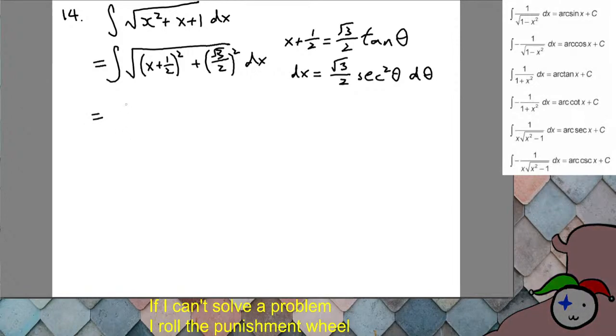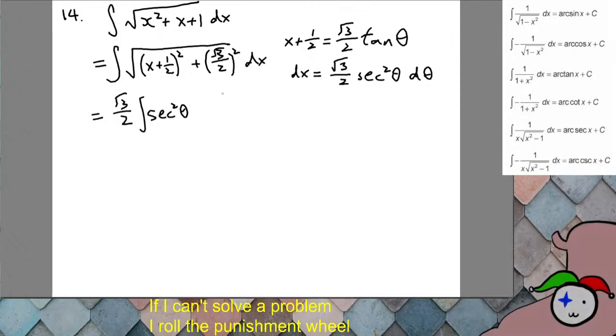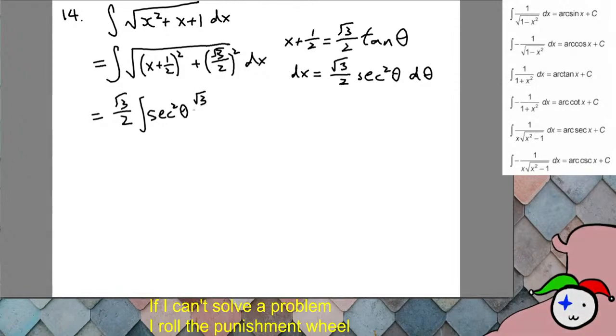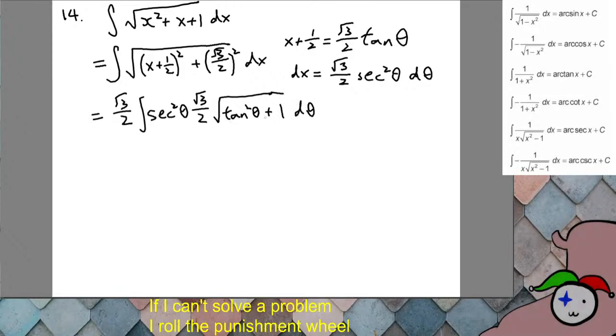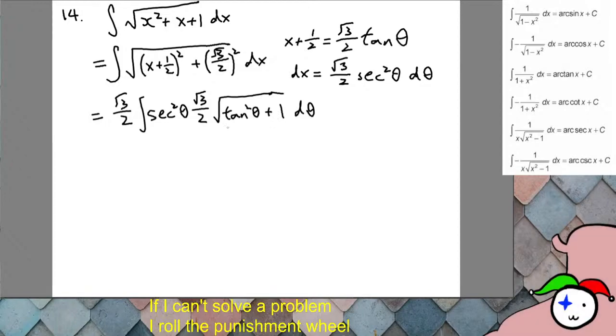So this gives you root 3 over 2 secant squared from the derivative, times, let's take out the root 3 over 2, the square root of tangent squared theta plus 1 d theta, and this is equal to secant, because there's sine over cosine squared plus 1 equals 1 over cosine squared.